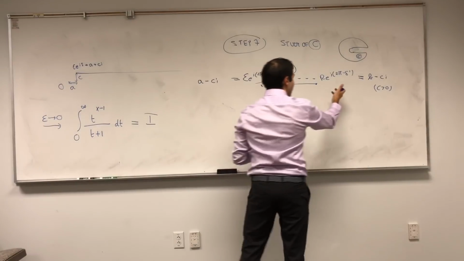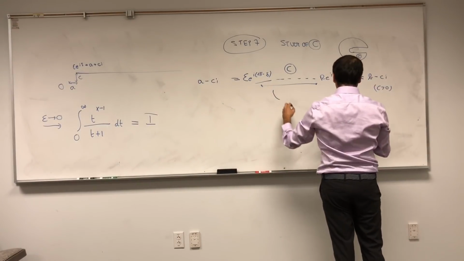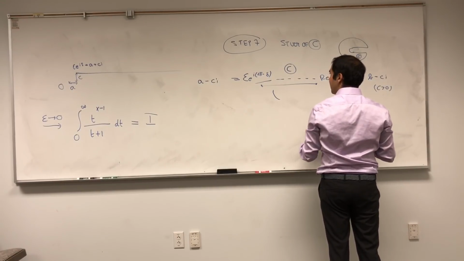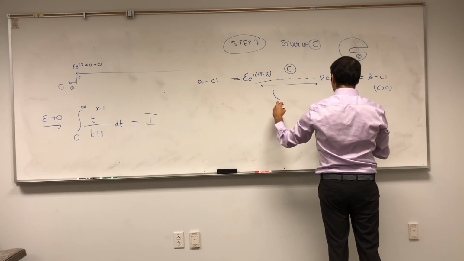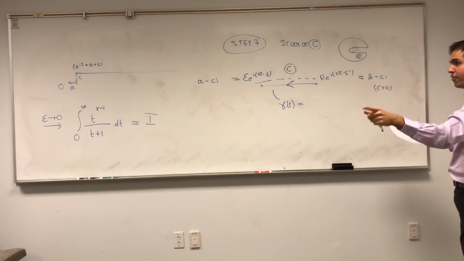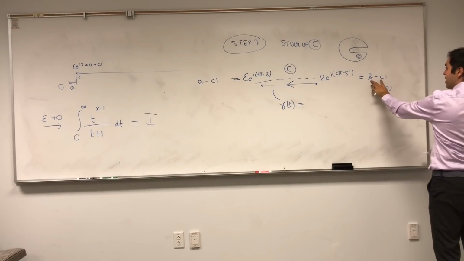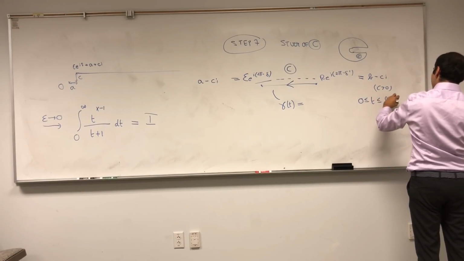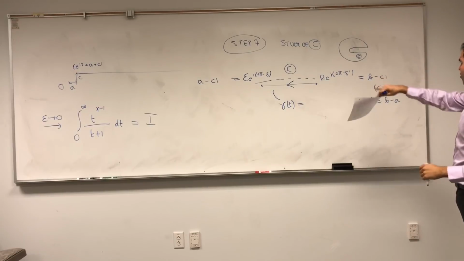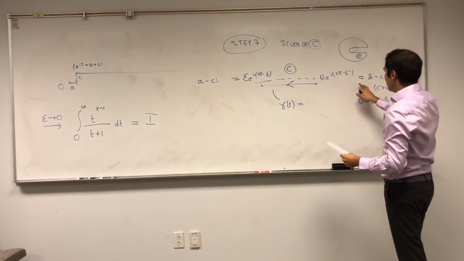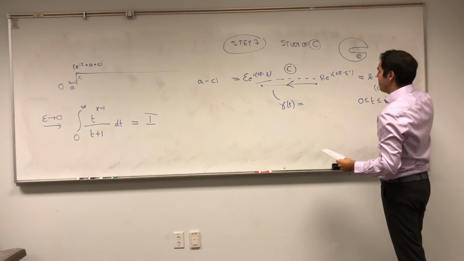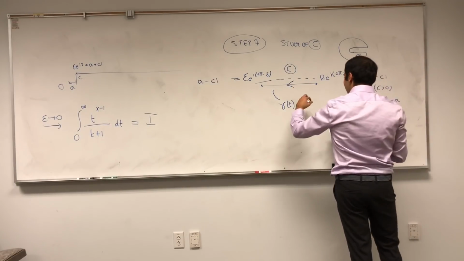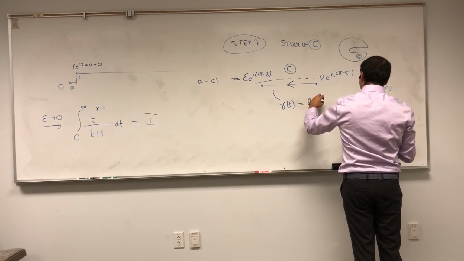One parametrization we can guess: we want to start at b minus ci and end at a minus ci. Here, let's start with a path that goes from 0 to b minus a. Again, we're reversing the orientation. At 0 you're at b minus ci, and at b minus a you're at a minus ci.